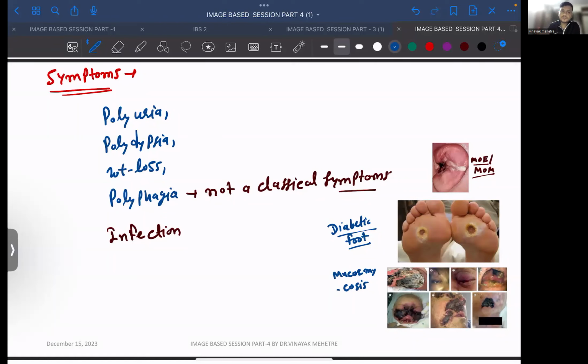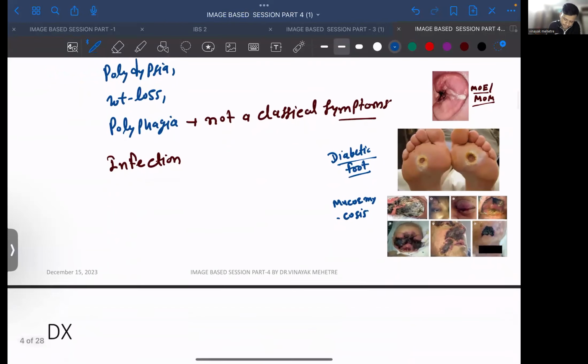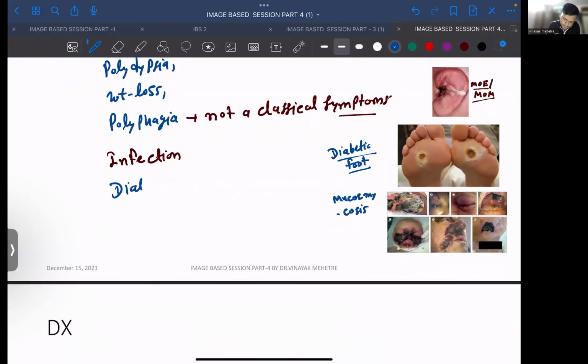So if a question on diabetic foot or ulcer comes, in the management add control sugar level. Okay, control sugar level, right? We are having diabetic foot or diabetic ulcer.